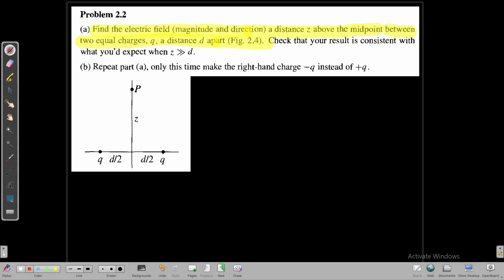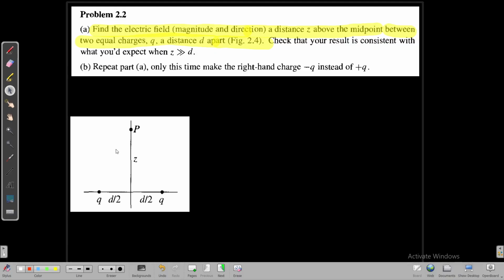So due to this, at point P there will be electric field. And we have two charges, q and q, separated by a distance d.